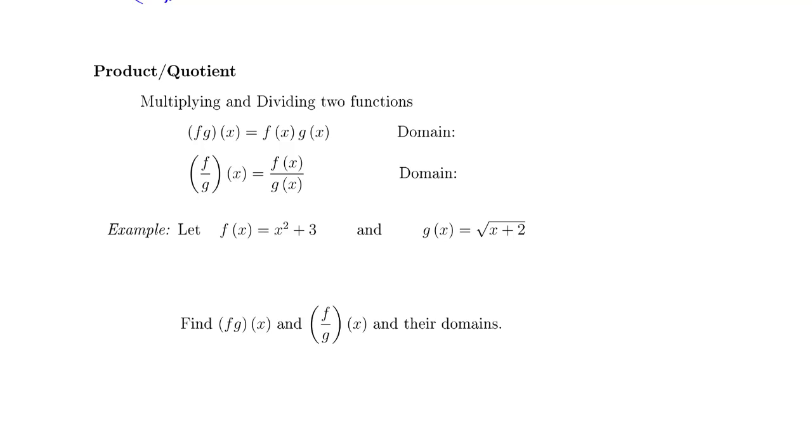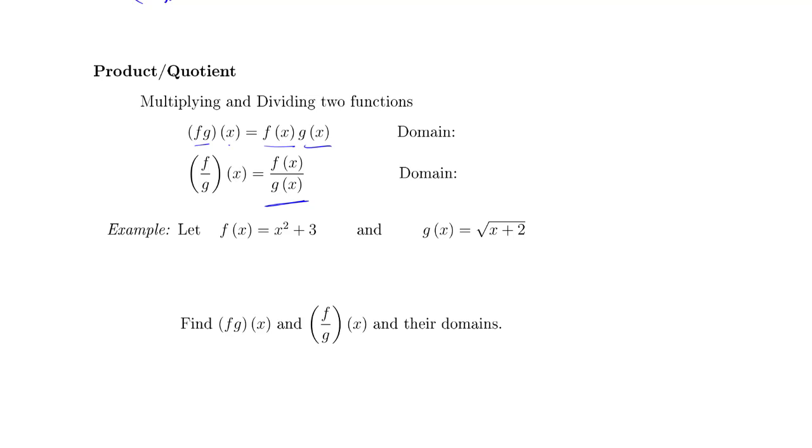What about product and quotient functions? Now, if we want to take two functions, multiply them or divide them. Again, notationally, we would say the product fg of x is f of x times g of x. And the quotient function f over g of x is f of x over g of x. All right. So that sounds pretty reasonable. And what about their domains?